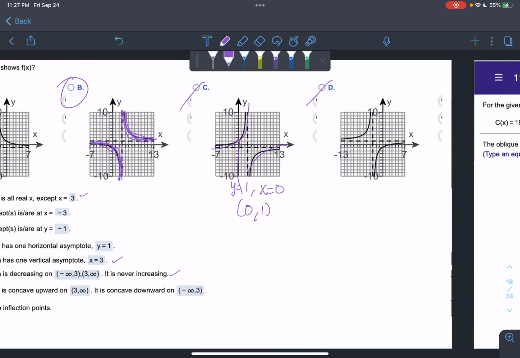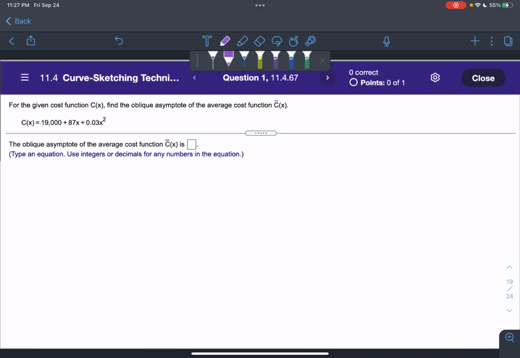Alrighty, let's move on to an application-based question where we have a cost function and we want to know the oblique asymptote of the average cost function. So we get obliques when the degree in the numerator is greater than the degree in the denominator.